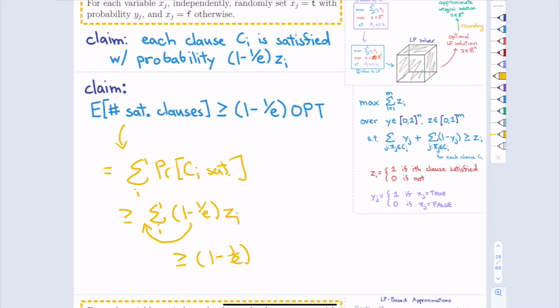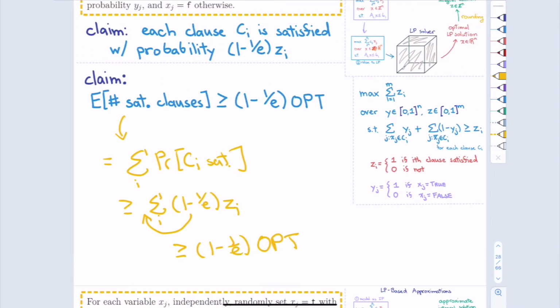The z's from the LP are at least as good as any integral z. So that reference point is the only reason this thing comes together. All right. What comes next?